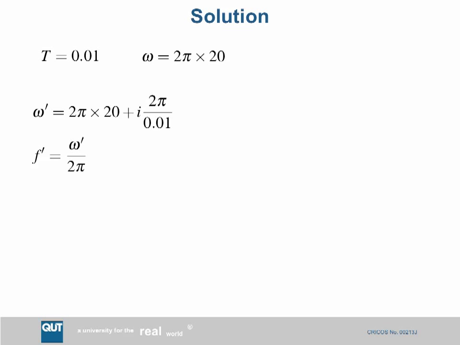So the aliased frequencies are 20 plus 100 times anything. So 20 is going to look like 120, 220, 320, 420. All those frequencies are going to digitize to the same as 20 hertz. Let's do the reflection one, and it looks like this. So 20 is going to look like 80, is going to look like 180, 280, and so on.